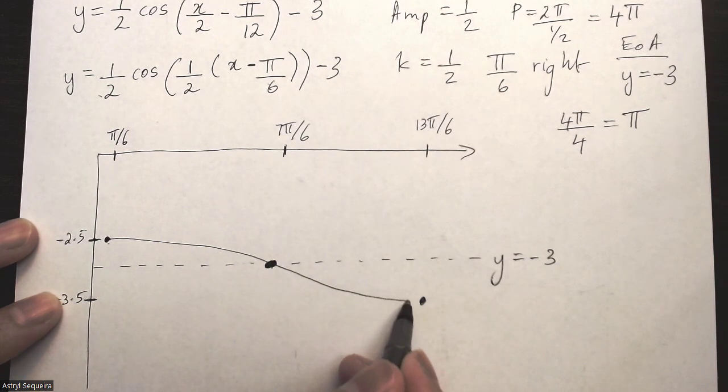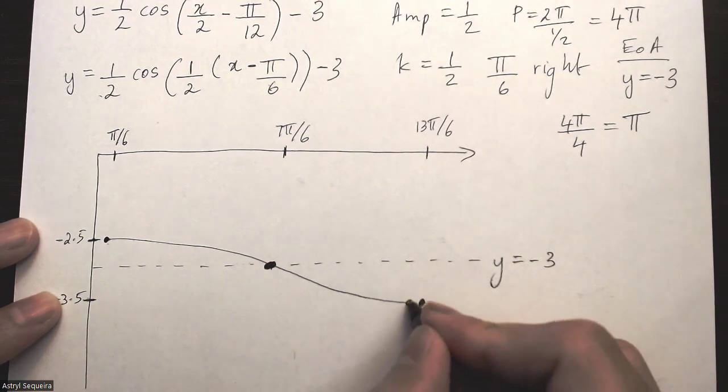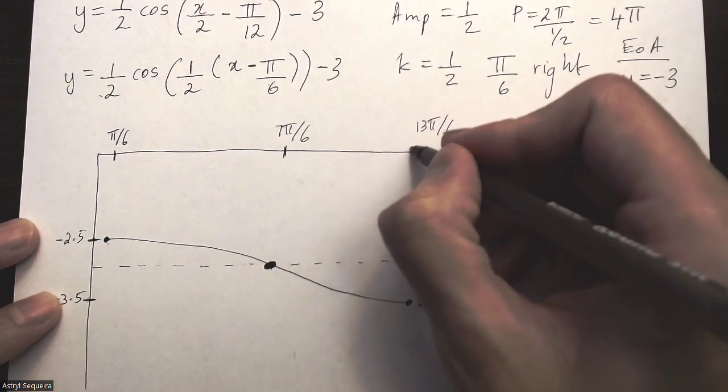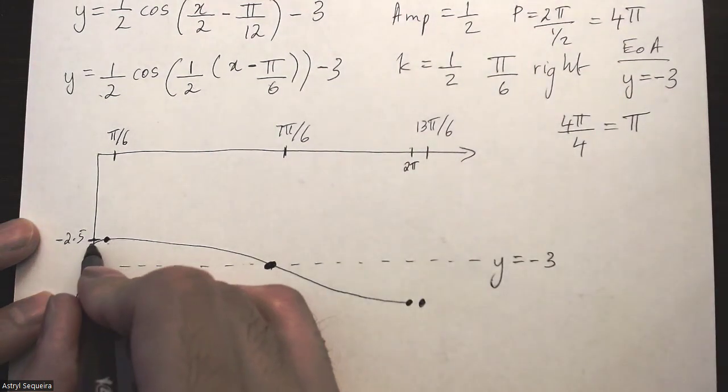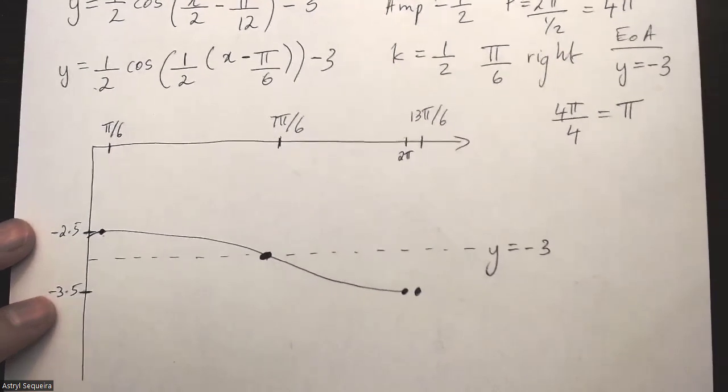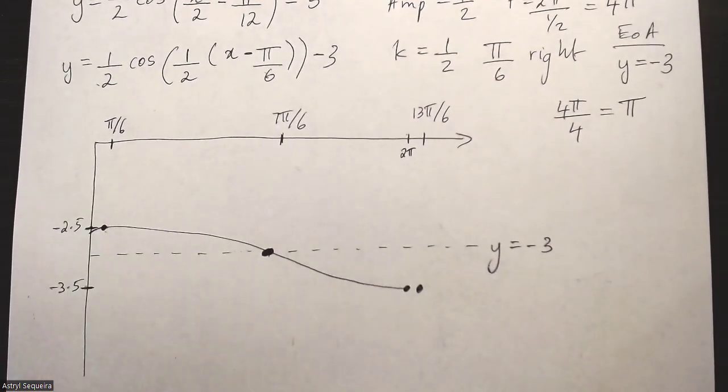And you want to end slightly before that point. Bit closer this time because this is 2 pi, which is only pi over 6 away. And you just want to extend that a bit and touch the axis over there. So that's the graph for this one between 0 and 2 pi.